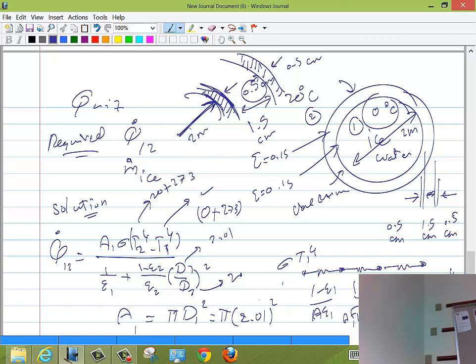And D2, that is the surface that is radiating to, it's not really this guy, right? That's convecting to the outside. But it's this that's radiating to this ground. So this would be 2 meter plus 0.5, 1.5, 0.5. So that's 2 centimeter here, 2 centimeters there.